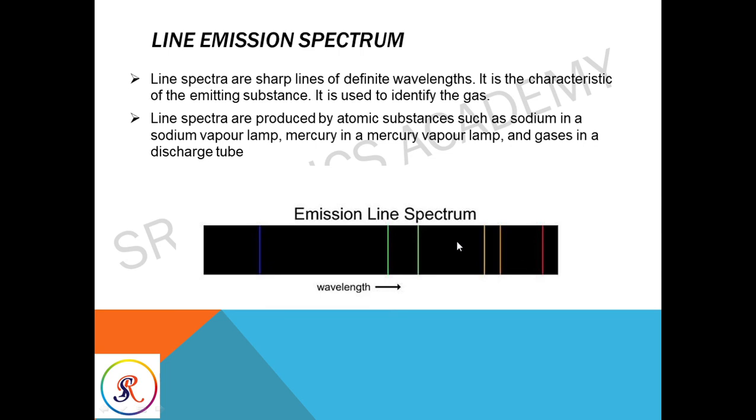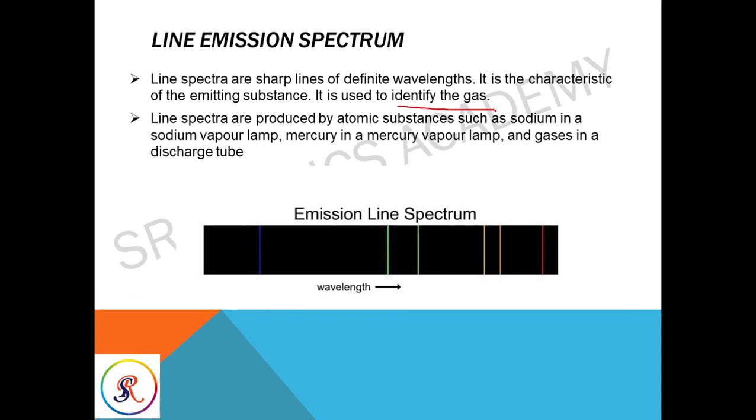For example, green is a particular wavelength emitted by a substance. That particular matter is emitting this wavelength, and the green wavelength is identified. Usually this line spectrum is used to identify the gas.